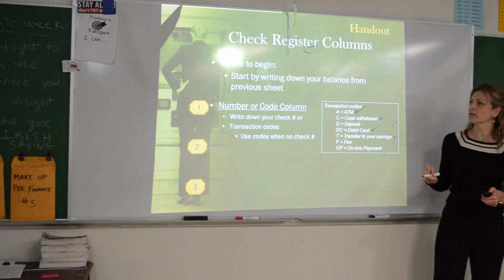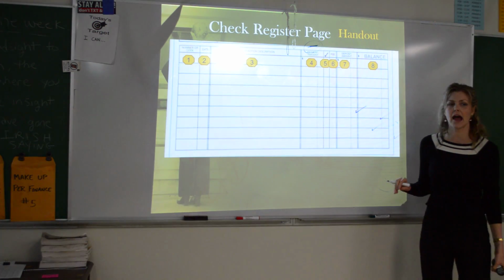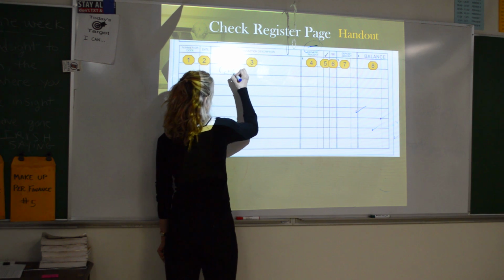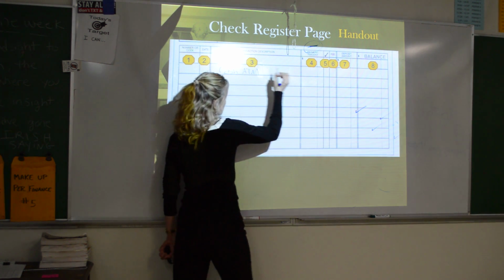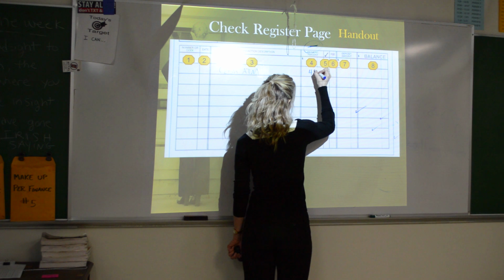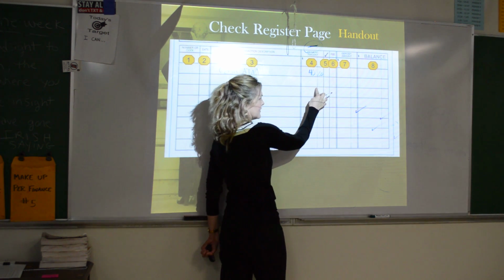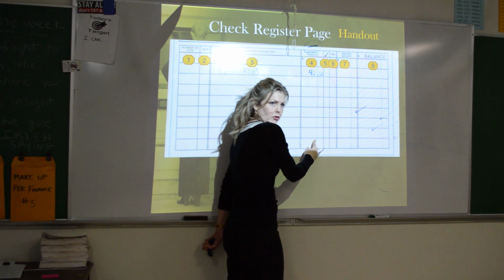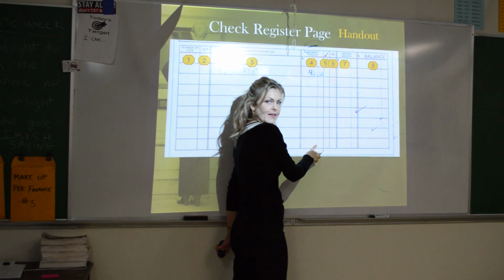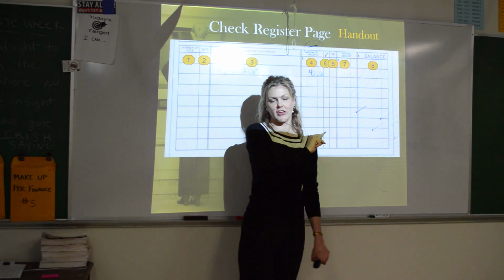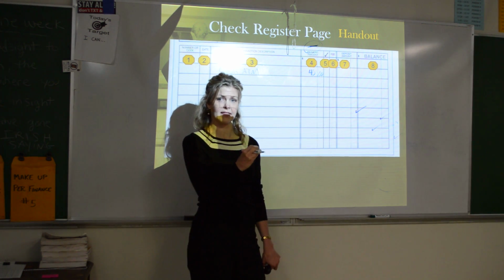So what we're going to do is I'm going to show you right now, this is how this may look. Let's say you took cash from an ATM for $40. Okay? And notice, just like with a deposit slip, it has a nice little thin line for you to help you separate dollars and cents. Okay? Now there's a $5 fee for taking the money out of the ATM.